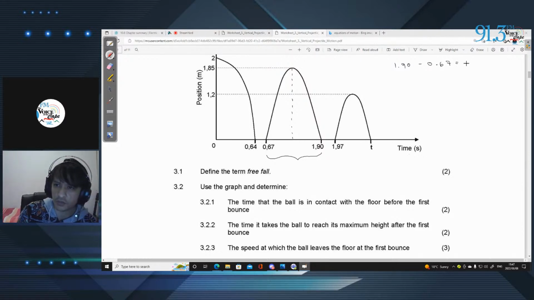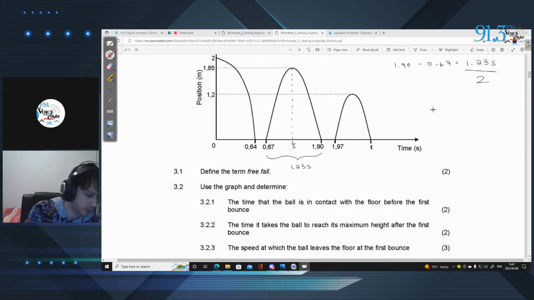That gives us an answer of 1.23 seconds. And this point here is essentially halfway between those two values, so we just divide this by 2. And that tells us that it should be 0.62 seconds. So it takes 0.62 seconds for the ball to reach the maximum height.